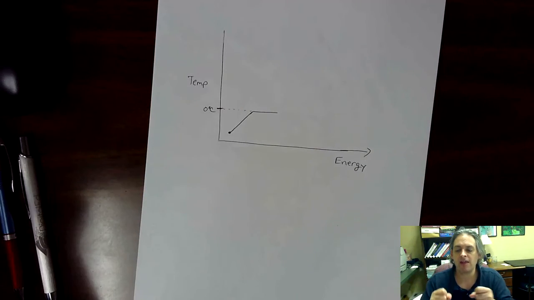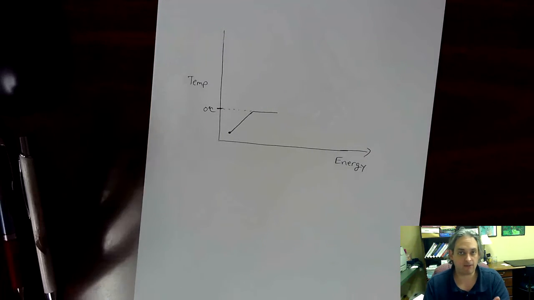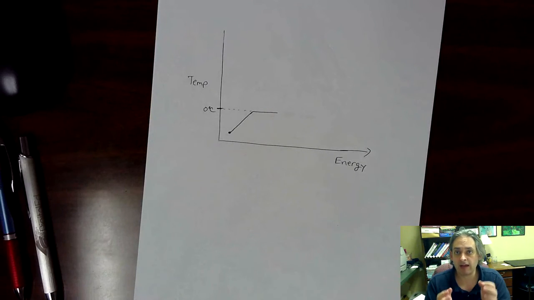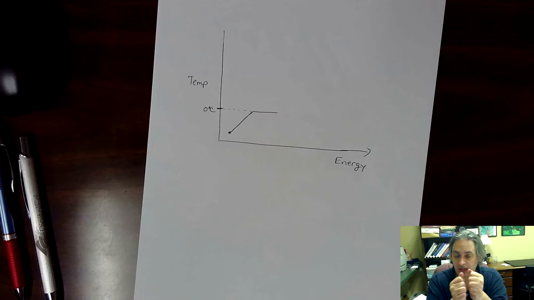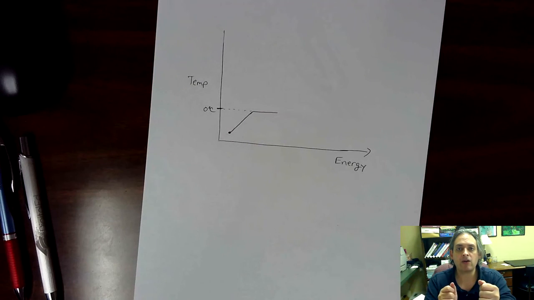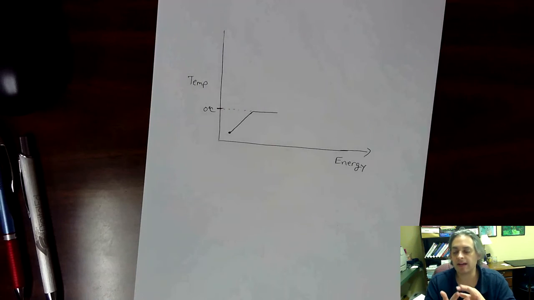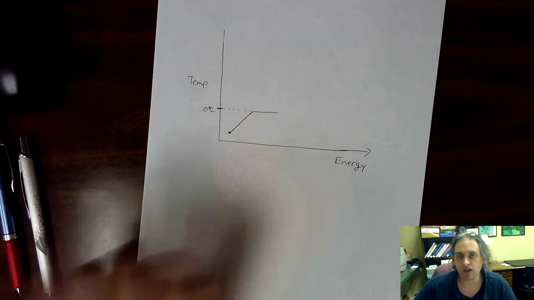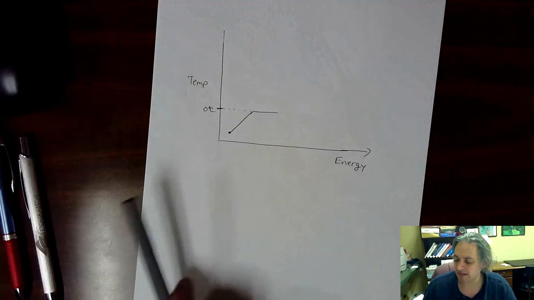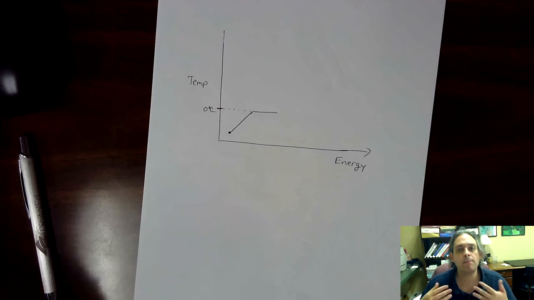In the case of water, the water molecules have hydrogen bonding that's keeping those water molecules close together. And the energy is going in to separate out that hydrogen bonding, to overcome the hydrogen bonding. So it is separating out the molecules so that they can start moving around. And so there's a plateau that actually happens at 0 degrees C where melting is happening.